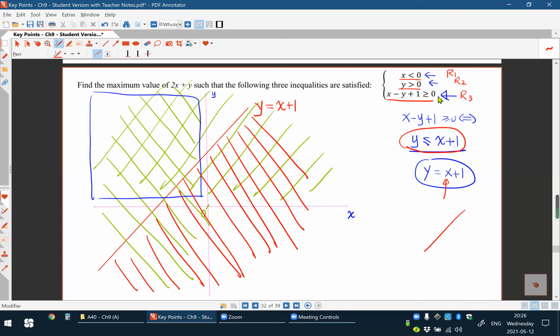What is the overlapped region of R1, R2, R3? It should be a triangle on the top left corner, right? Let's draw this. It should be a triangle here. Can you see this?